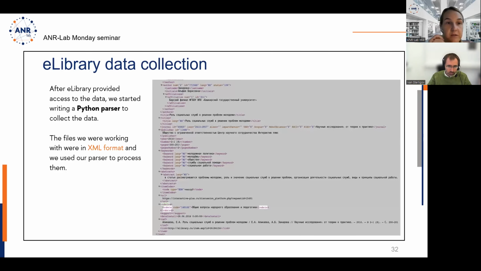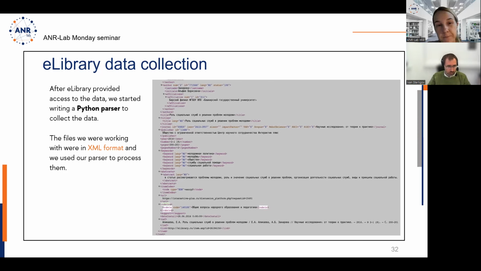And here you can see the page of each article in eLibrary. It was in XML format, and we wrote a special parser to get the data out of these fields. You can see that we have the whole information about the article, and each type of information is written in a special field.